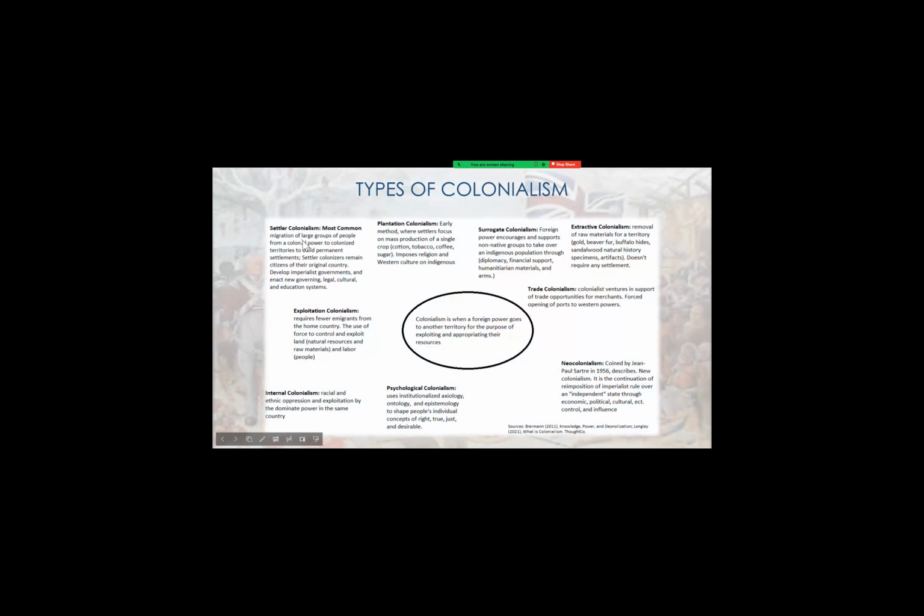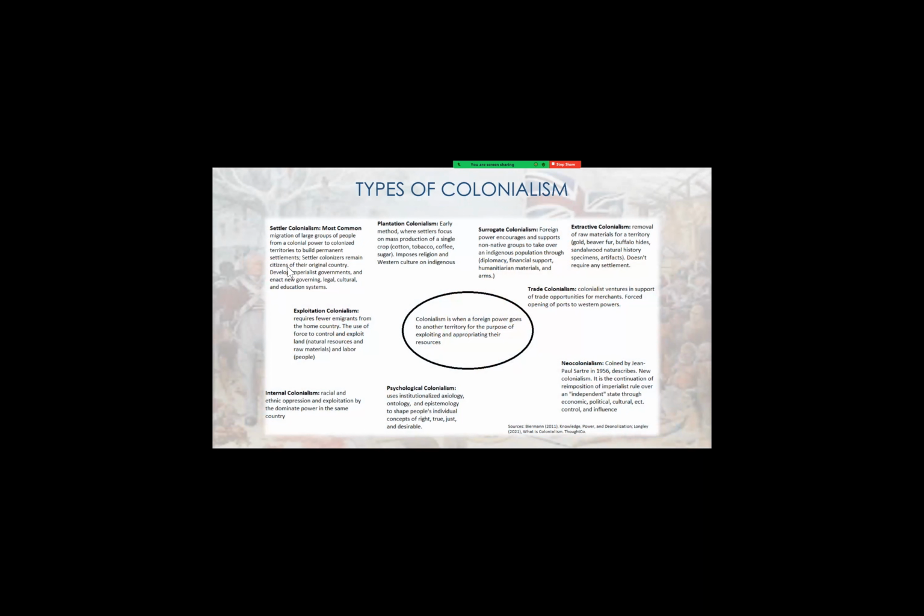Settler colonialism is the migration of large groups of people from the colonial power. So, for example, Europeans going to colonize territories to build permanent settlements. So, Europeans are coming to the Americas and building permanent settlements.